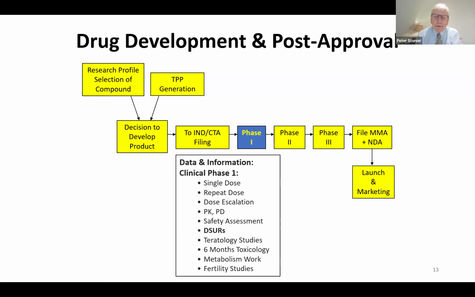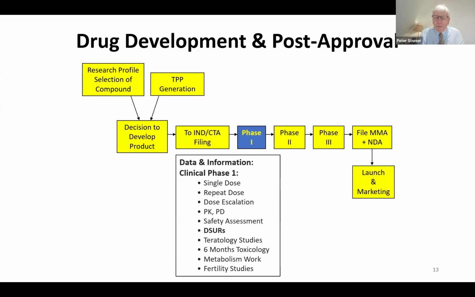So we have single dose studies, repeat dose escalation, and so forth. And we also have the development safety update reports, which coordinate all the safety data on an annual basis. And we have teratology studies and further toxicology studies and so forth.